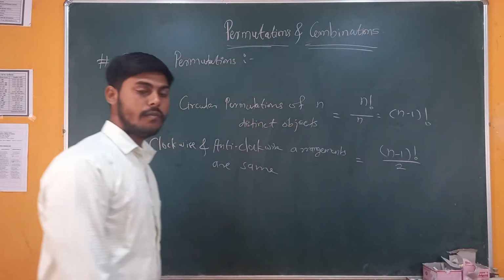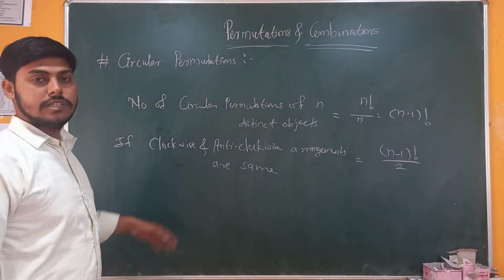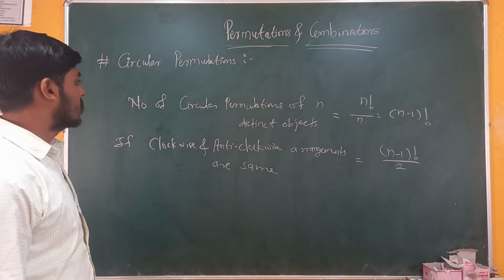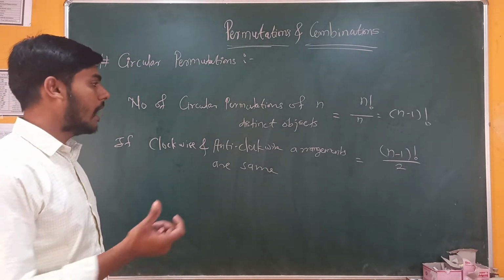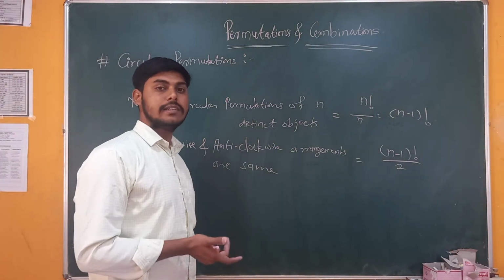Then we extend this formula to the number of circular permutations of r distinct objects taken from n distinct objects.